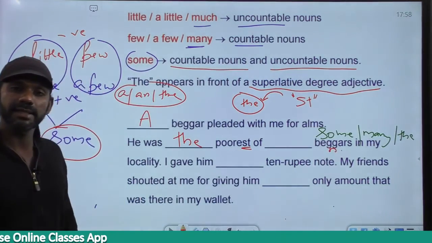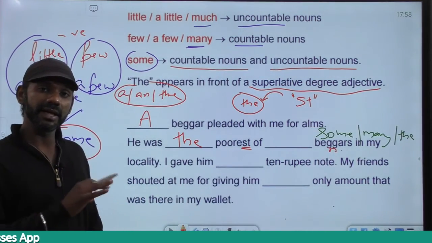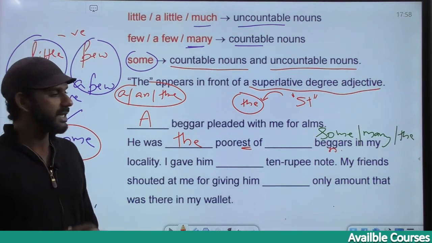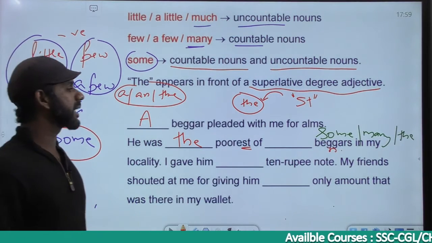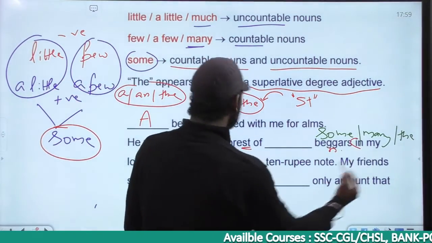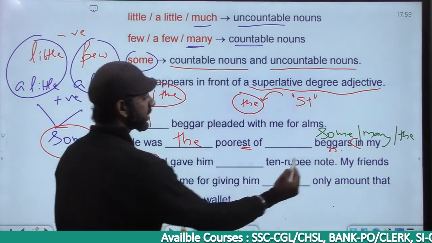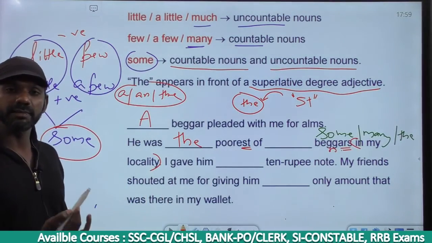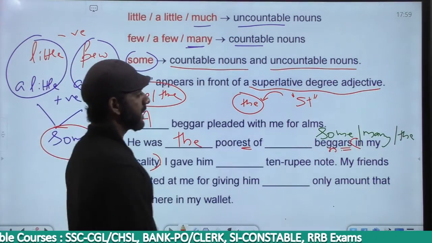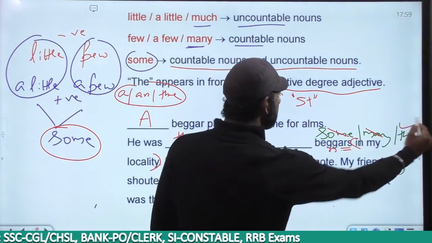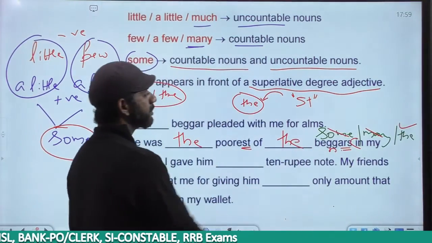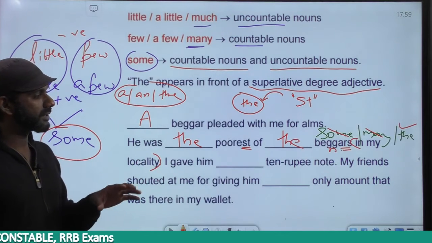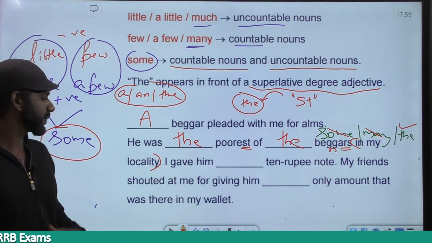In this sentence, is there any detail given regarding the noun beggars? Yes. What is that? In my locality. So in my locality is the information given regarding the noun beggars. So the noun beggars in this case must be taken as specific. Based on that, some and many are eliminated. It must be the beggars in my locality. So, he was the poorest of the beggars in my locality.